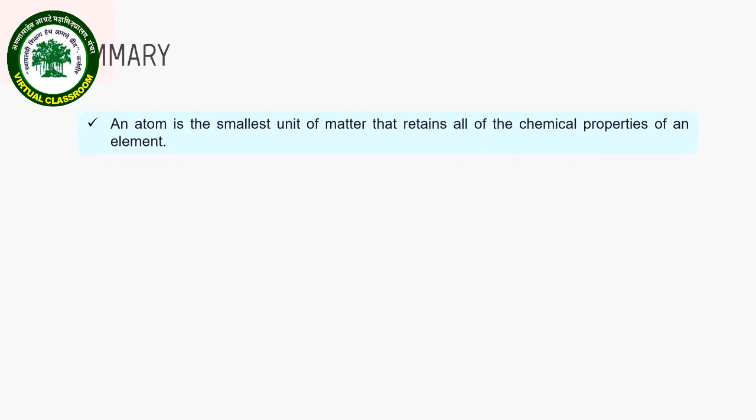To summarize this lecture, an atom is the smallest unit of matter that retains all of the chemical properties of an element. An atom is made up of protons, neutrons, and electrons. Protons are positively charged, neutrons have no charge, and electrons are negatively charged.